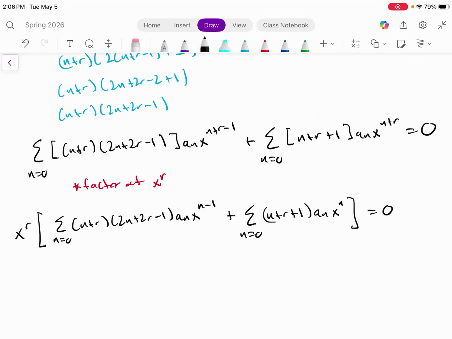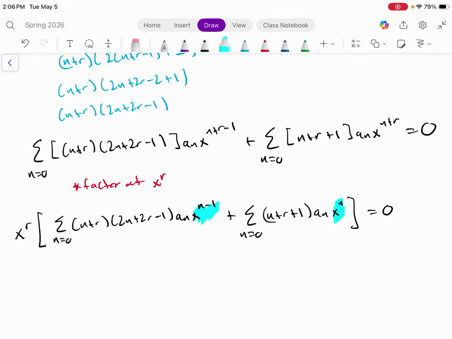Okay, so last thing we want to do is combine these two power series. We want to get into one power series so then we can set up our recurrence relation and find our solution. The issue here is that this first term is x to the n minus 1, and the second term is x to the n.